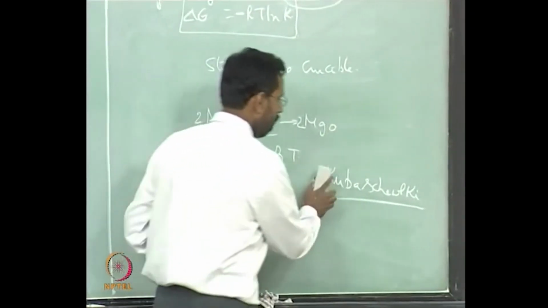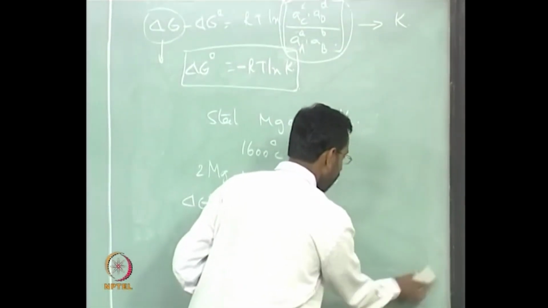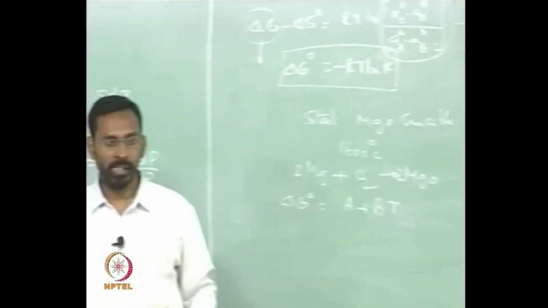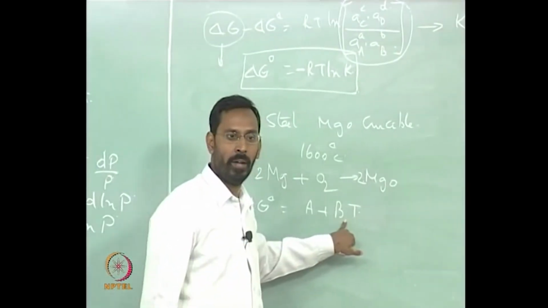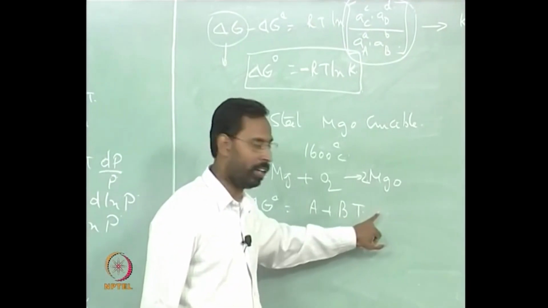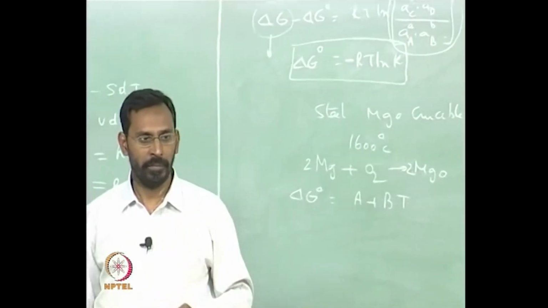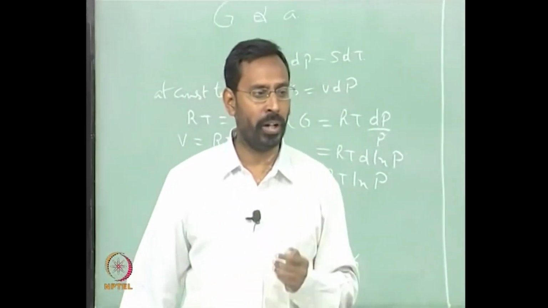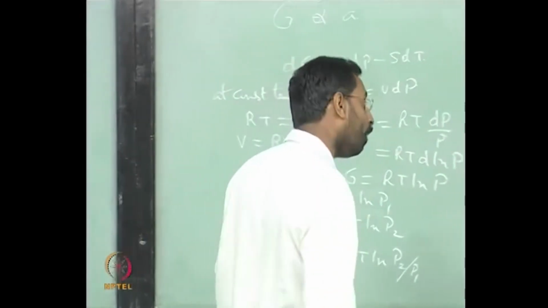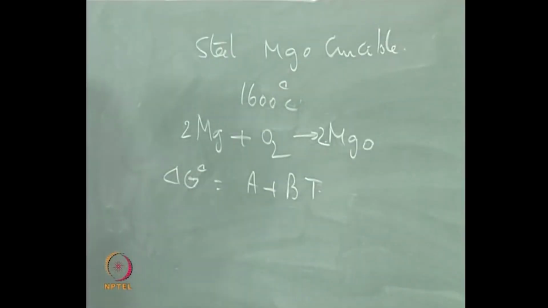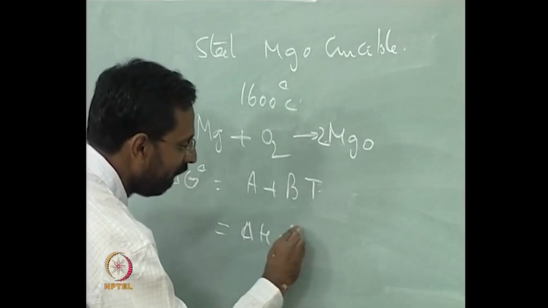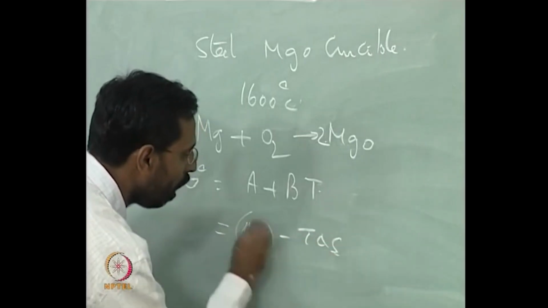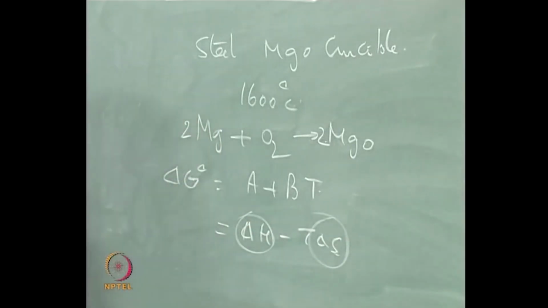Once I know this... A itself is a function of temperature, you mean? No, A and B are constants. If they are functions of temperature, then obviously this becomes more complicated. So, A and B are usually fixed. In principle, if you go a little more detailed, if you think these two are nothing but delta H minus T into delta S, these two are also functions of temperature.